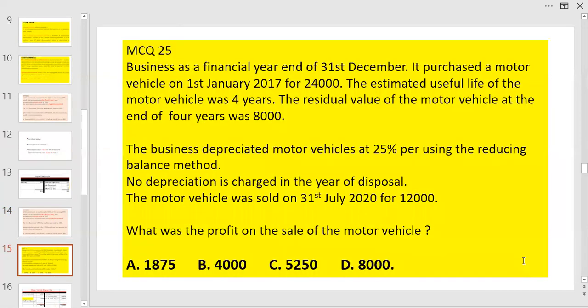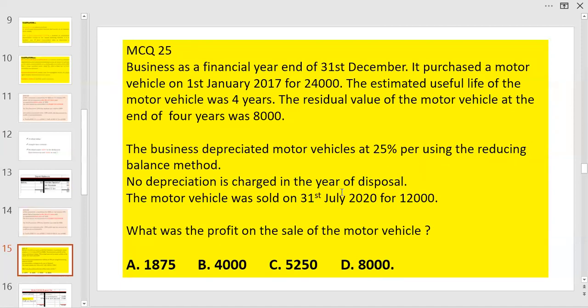A vehicle was purchased in 2017 for 24,000. Expected useful life is 4 years. Residual value of that is 8,000. The business depreciated the motor vehicle at 25% per annum using the reducing balance method.